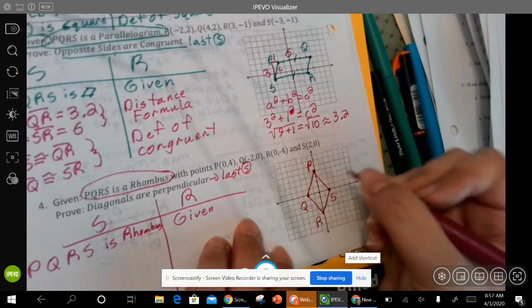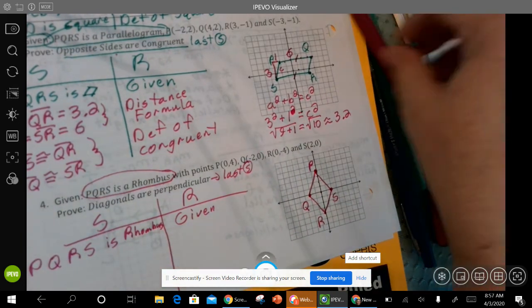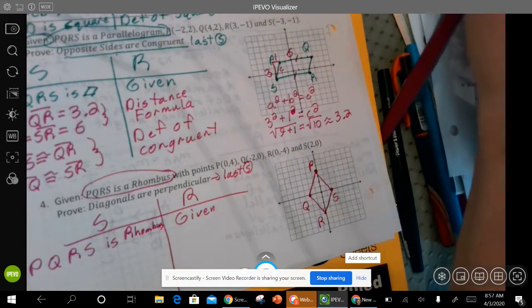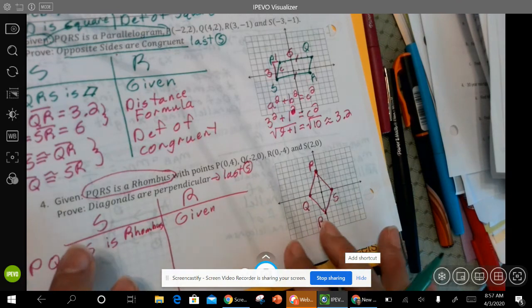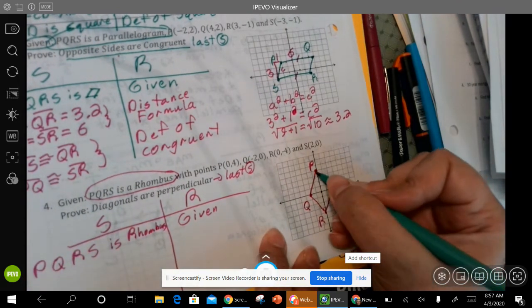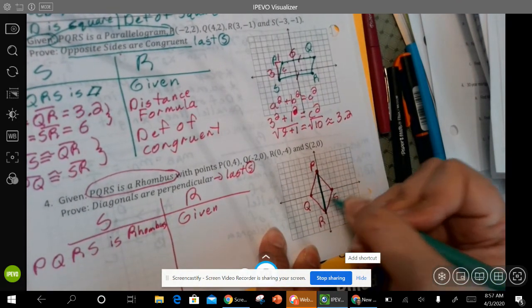Okay, they tell us that it's a rhombus. Since it is a rhombus, do you see this part right here?